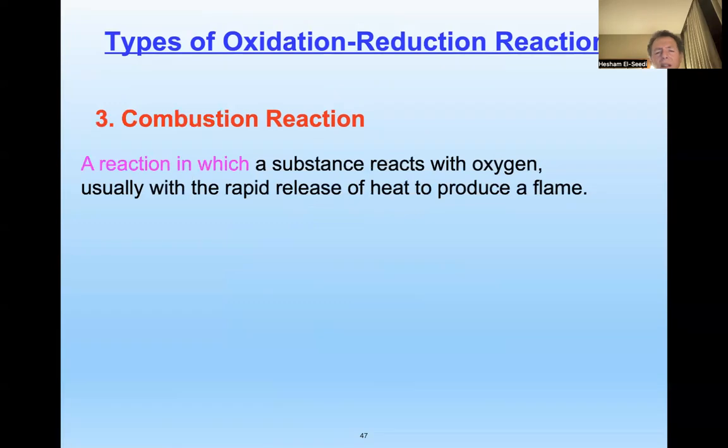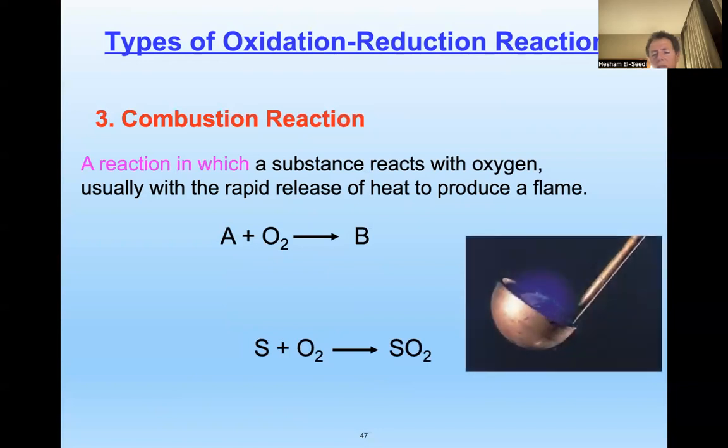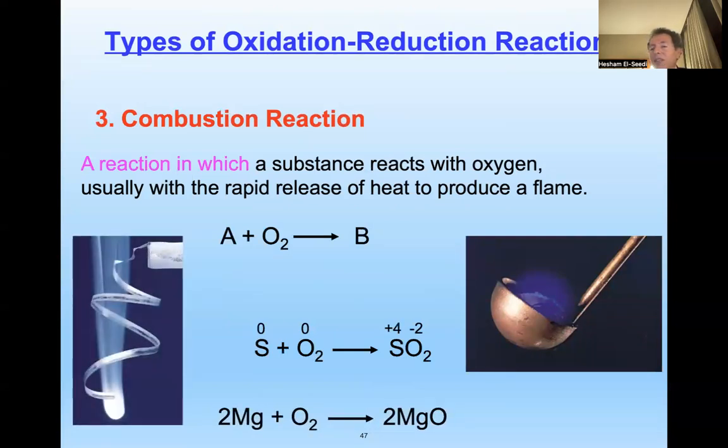What about combustion reactions? It is a reaction in which a substance reacts with oxygen. Like, for example, A plus oxygen will give you B. For example, take this one, sulfur plus oxygen, it will give you sulfur dioxide. So this is an example, and when you put the oxidation numbers, then you will see it like that. Or if you take magnesium plus oxygen, right?